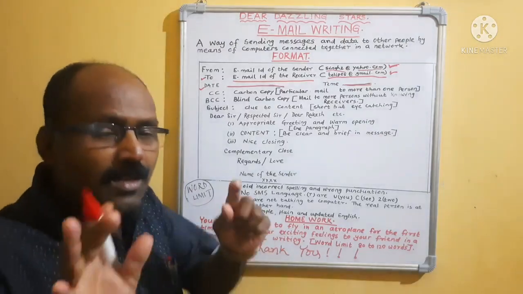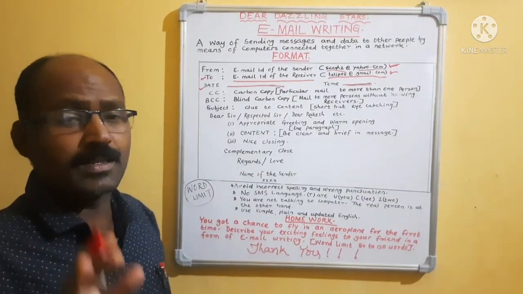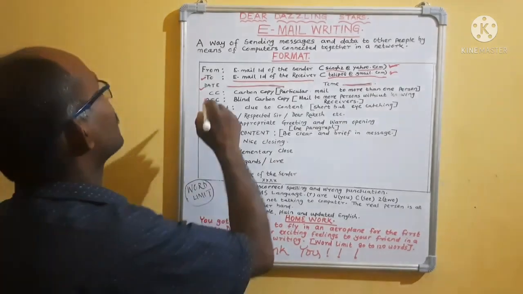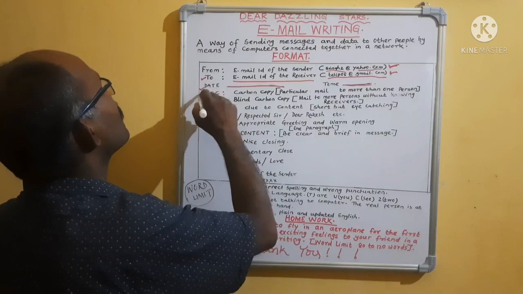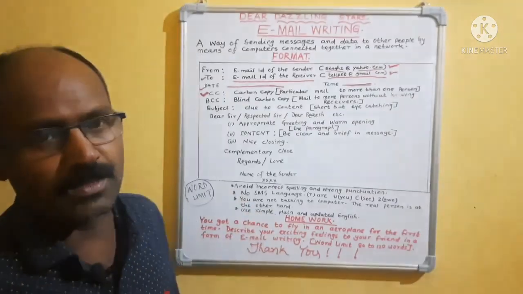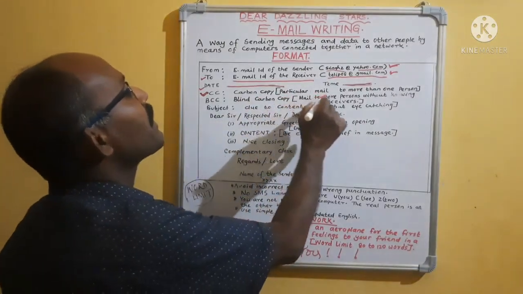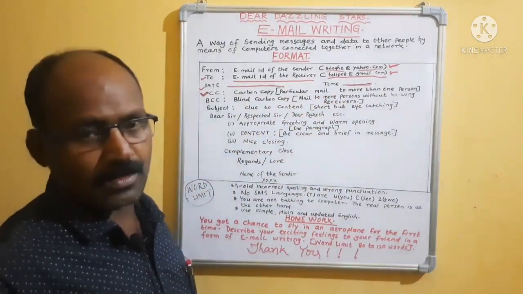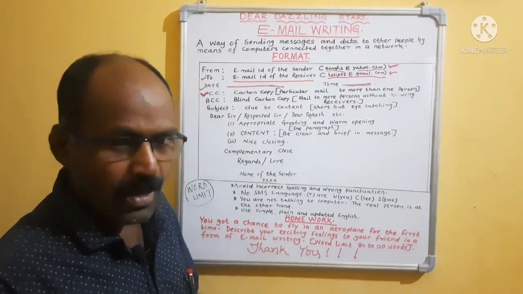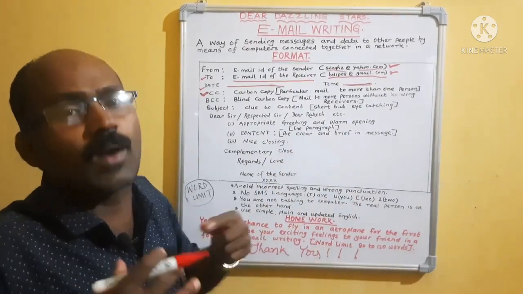Sometimes, if you have sent an email to anyone by sitting in front of the computer, you have seen that it automatically shows CC. CC means carbon copy. Carbon copy means mailing to more than one person. Suppose I have written an email and I want to send it to 3 known persons at a time.